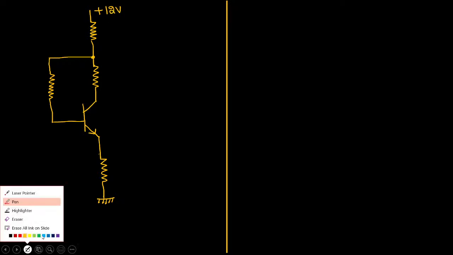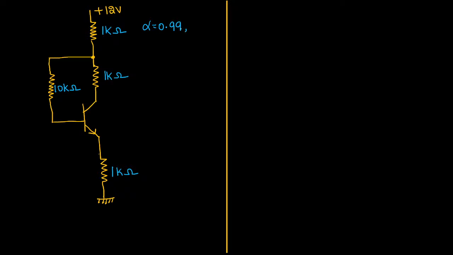So let me register the remaining given data. This is a 1 kilo ohm resistor. And here also again a 1 kilo ohm resistor. And here a 10 kilo ohm resistor. You know, this base resistance is always very high. This is again going to be a 1 kilo ohm resistor. Everything is given, and they told that the value of alpha is equal to 0.99.